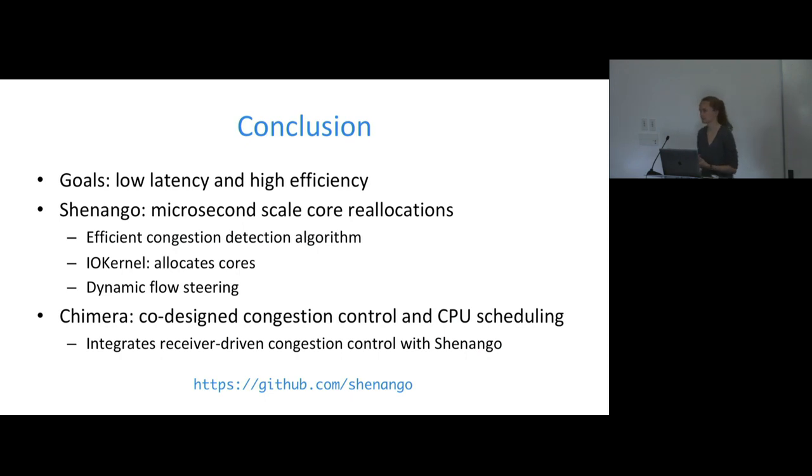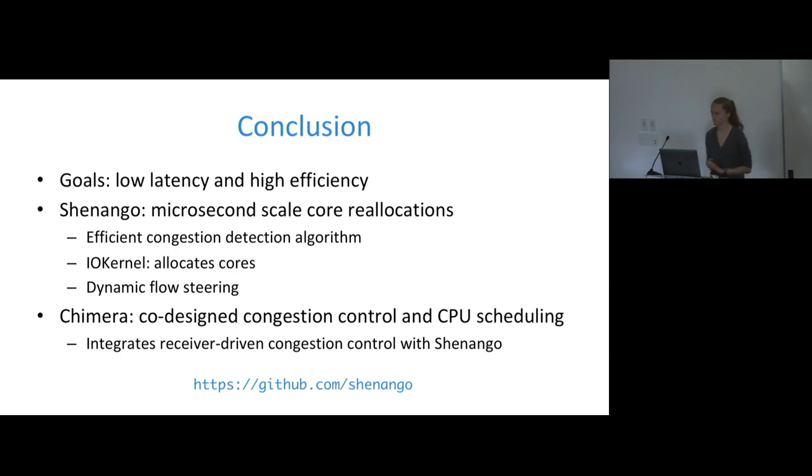Two questions. You mentioned that you were able to reprogram the flow steering extremely quickly, faster than the NICs usually allow. Can you describe a little bit what makes that possible? Is that something very new to recent NICs, or what has changed? Second question about Chimera.